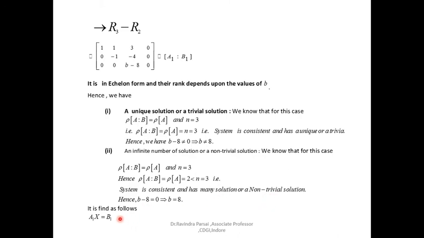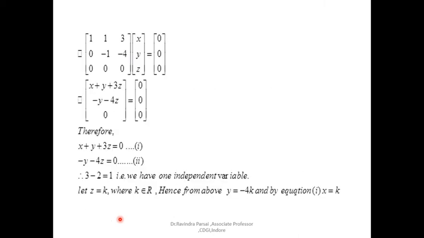Now we conclude the infinite solutions by writing the matrix equation: 1 1 3, 0 minus 1 minus 4, 0 0 0, times x y z, equal to 0 0 0 on the right-hand side.